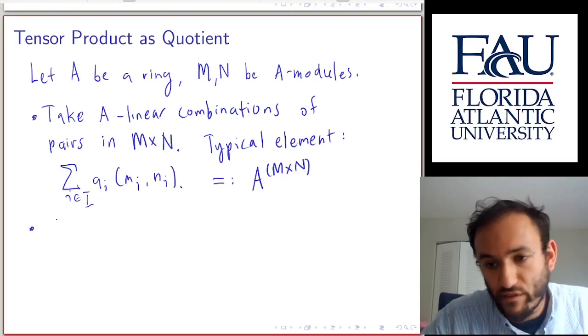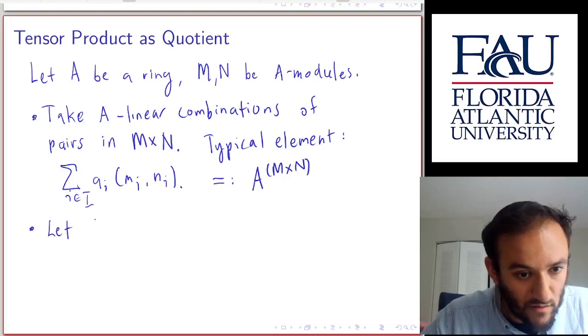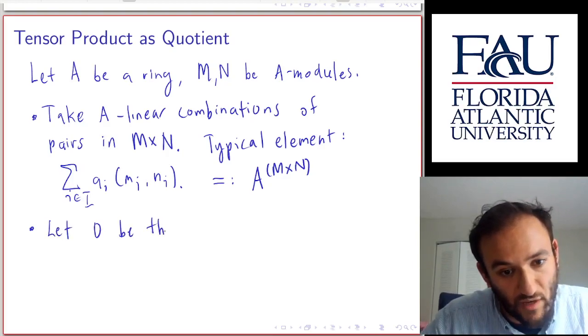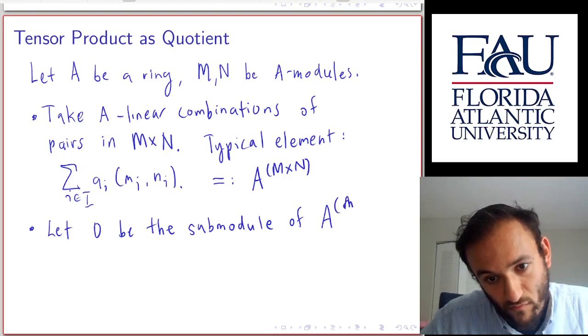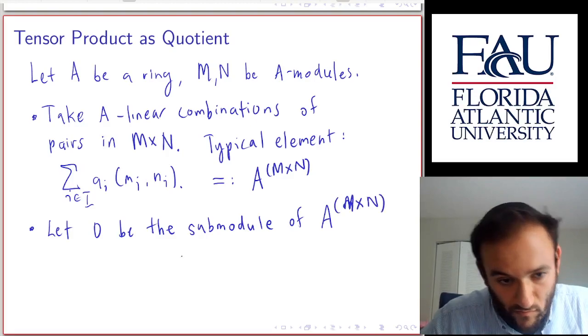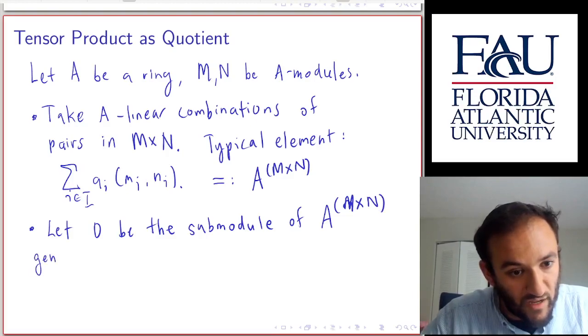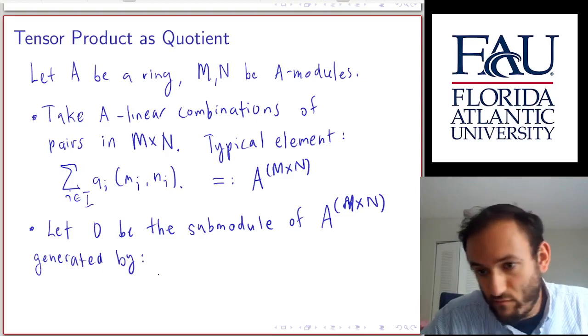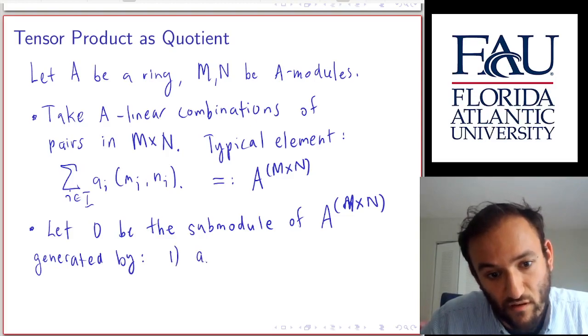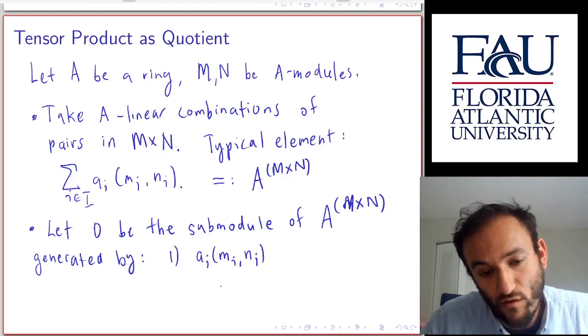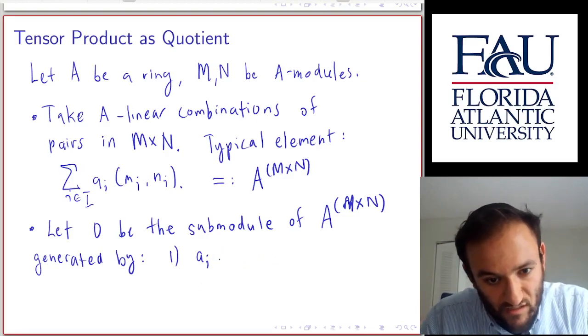Now we're going to introduce a submodule. So let D be the submodule of this free module generated by relations of the following type. We're going to have a_i times (m_i, n_i). Actually, we can forget the indexes.